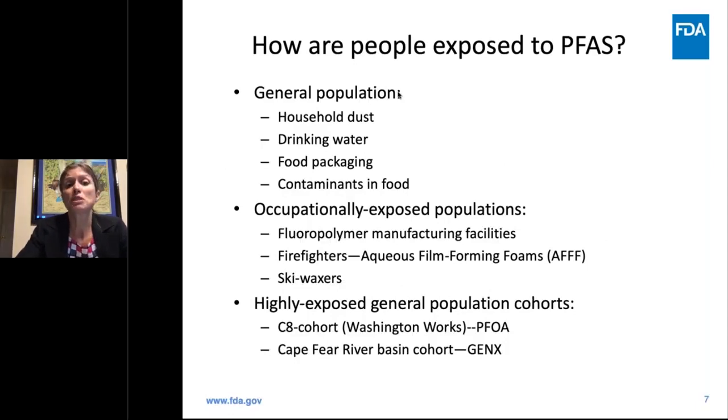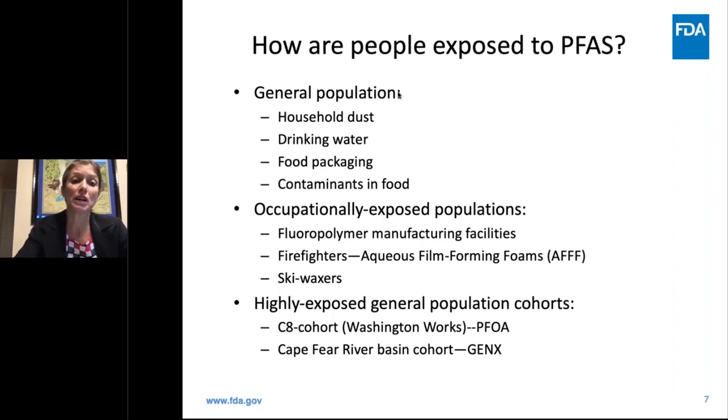How are people exposed to PFAS? They're exposed via multiple routes: inhalation, dermal, and oral. They're exposed through food packaging, drinking water, dust, and food contaminants. Occupationally exposed populations are exposed to very high levels indeed. Dr. Kabati mentioned ski waxers.